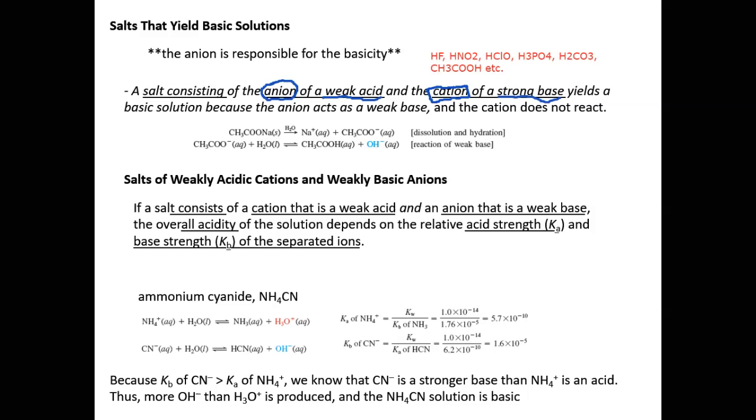So for example, if we have sodium acetate, sodium is neutral, acetate is weakly basic. It's going to react with the water to produce hydroxide ions.